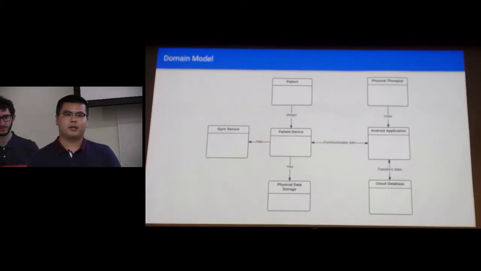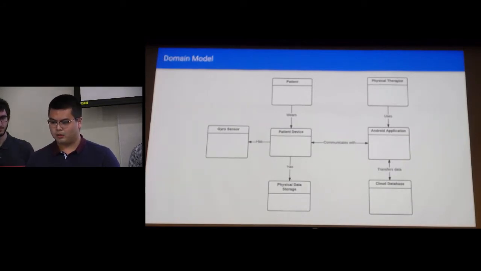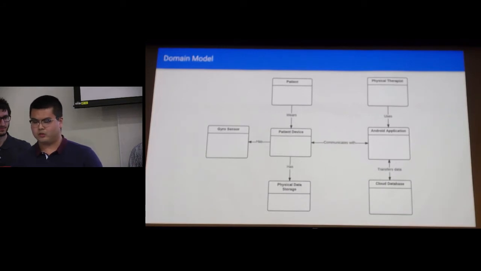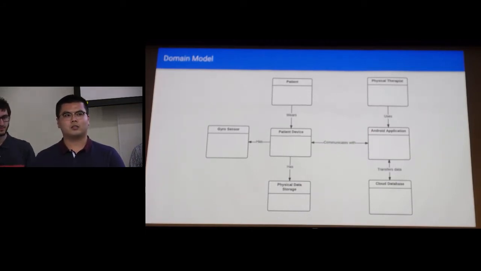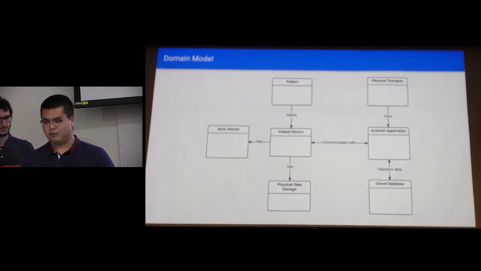Understanding that application domain, we applied that specifically to our project. We came up with this domain model that addresses the key actors in the system. So there is the physical therapist who will use an Android phone with a custom Android application that pulls a patient device that's mounted on a patient's back, so the patient device can monitor the patient's posture.